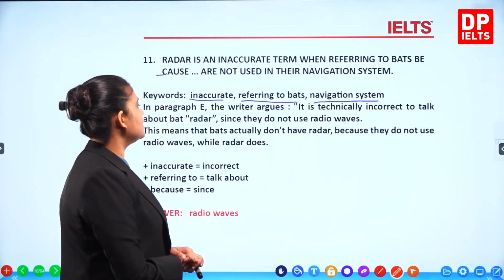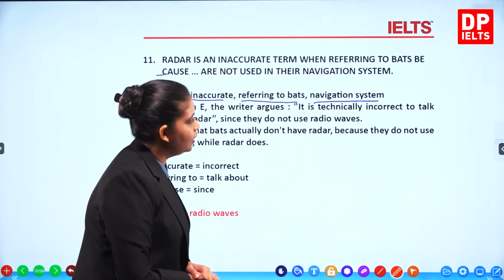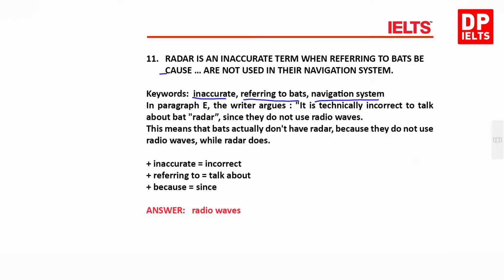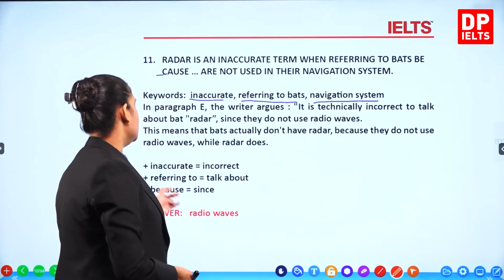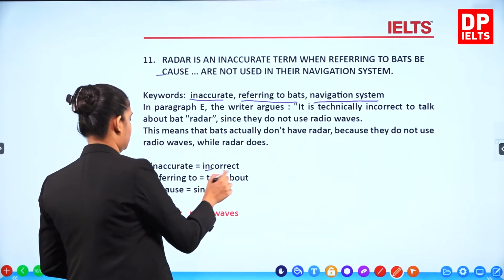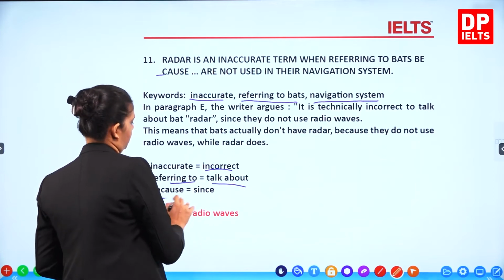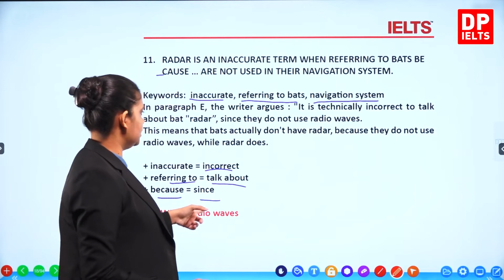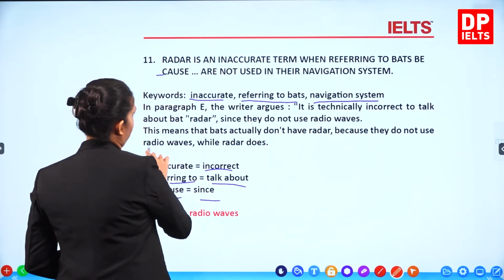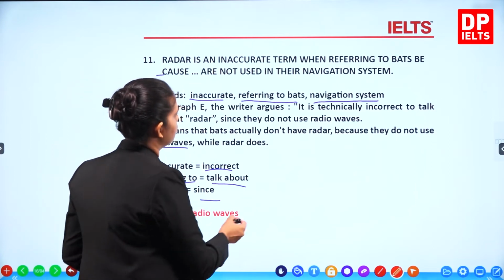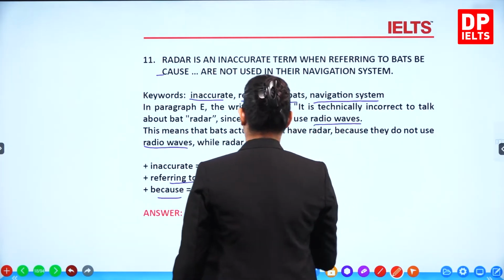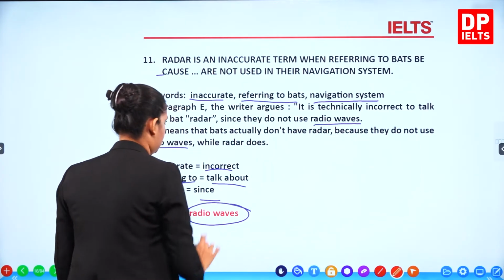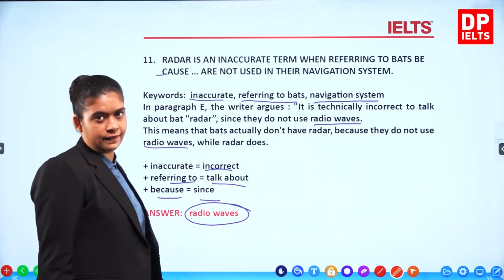This means that bats actually don't have radar because they do not use radio waves while radar does, right? So inaccurate means incorrect, referring to means talk about, because means since, okay? Since radio waves, right? So you can see here, do not use radio waves. So the answer here is definitely radio waves.